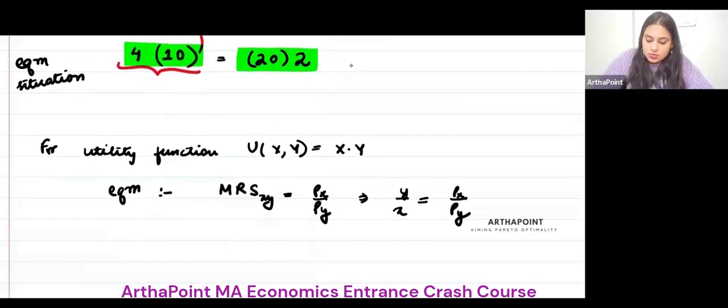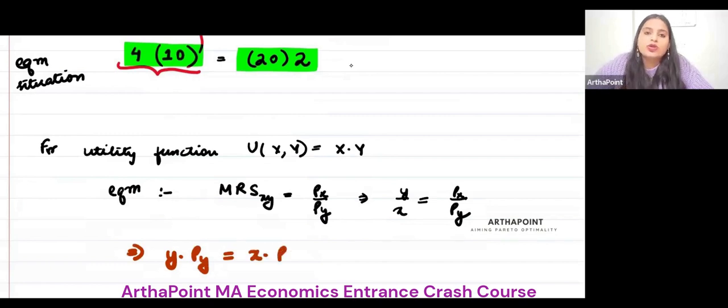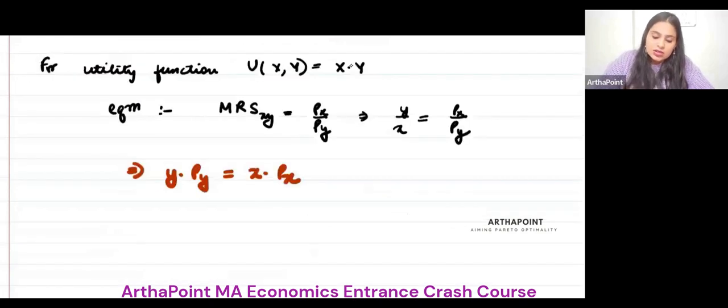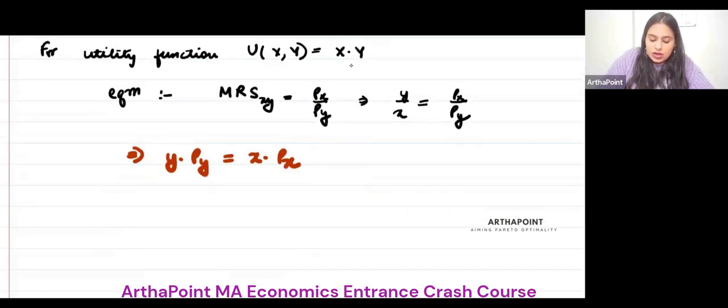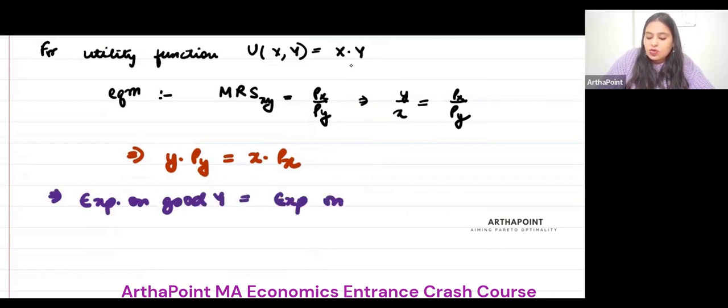This means it gave me Y into PY is equal to X into PX. This means that the expenditure on good Y must be equal to expenditure on good X.